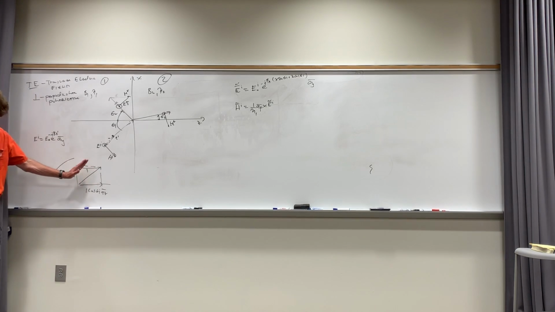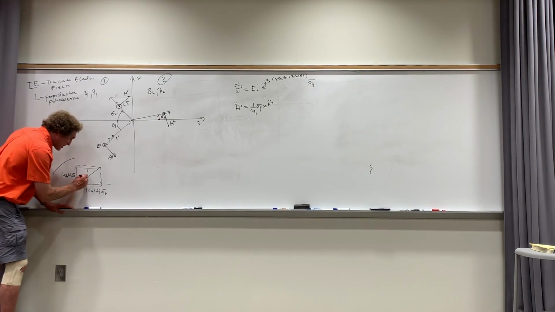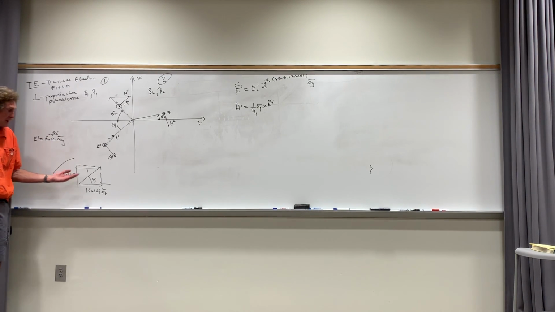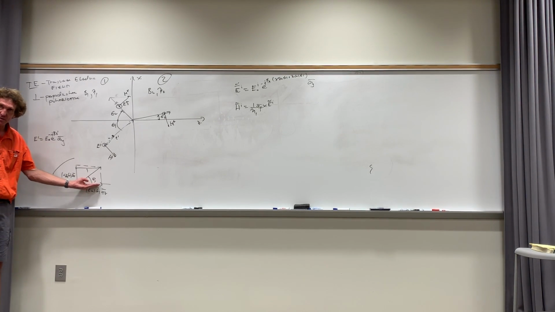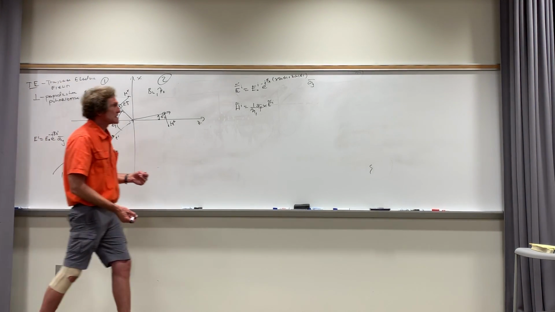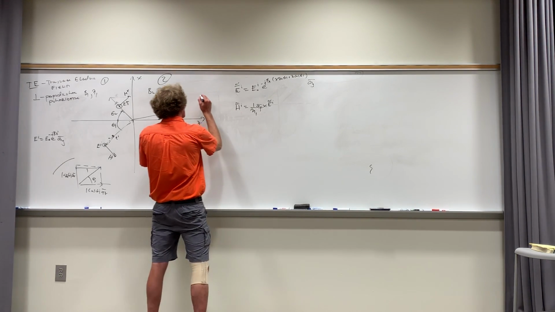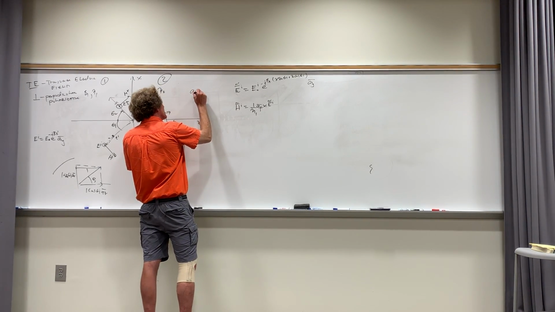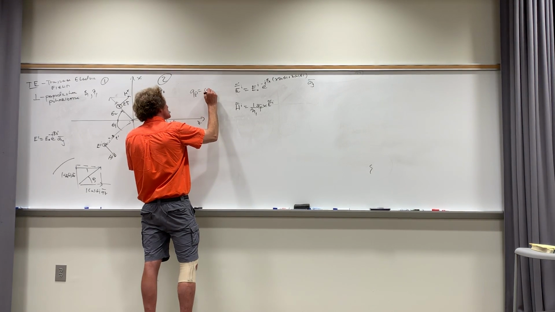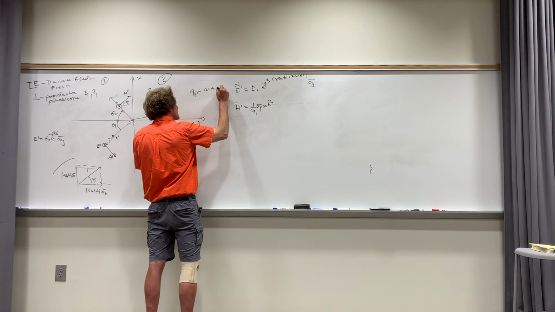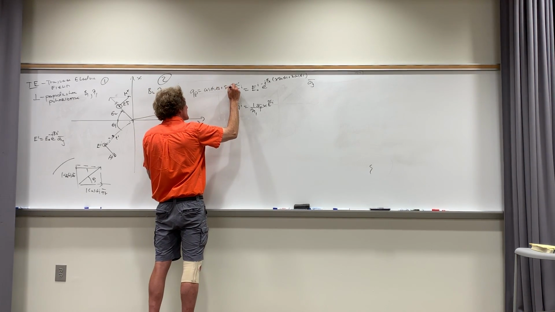If you have 1 at that AZ, and this is the angle we're talking about, the cosine is the multiplier to project it onto the z-axis, and the sine is the multiplier to project it onto the vertical axis, the x-axis, right? So now my unit vector in the direction of propagation is simply equal to cosine of theta incident times AZ plus sine of theta AX.